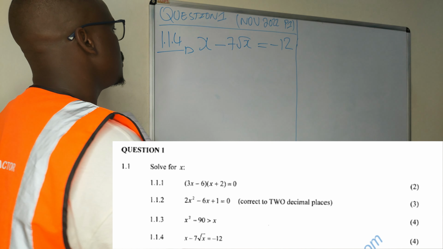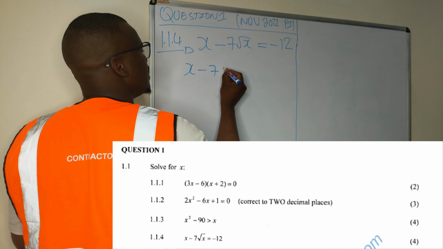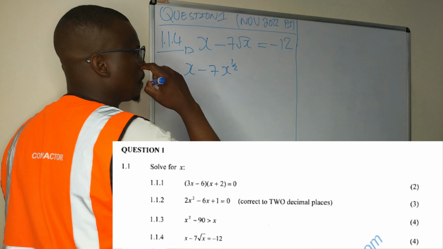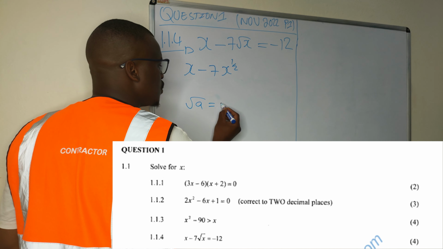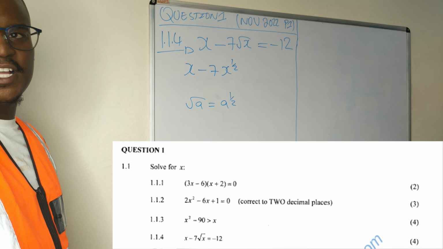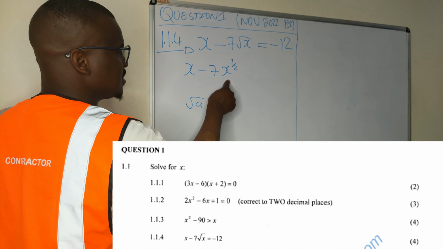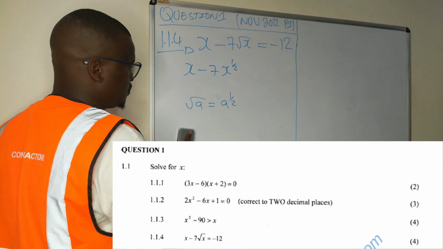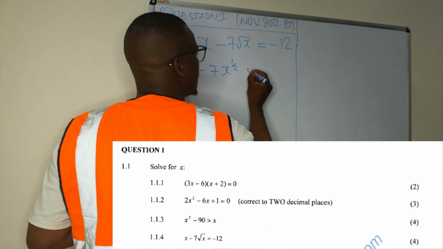So if you look at it, you have x minus 7, x raised 1 over 2. You know from sets that square root of a is equal to a raised 1 over 2. We know this from sets. We did sets at grade 11. So this is that by definition. Okay, is equal to minus 12.